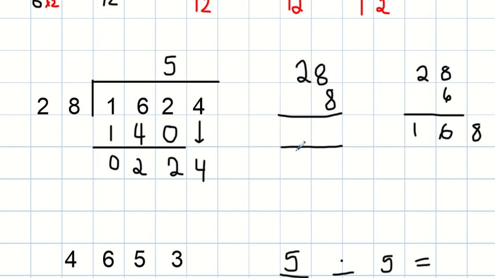Okay, so 8 times 8 is 64. 2 times 8 is 16. Add the 6 you've carried, 22. I can see that 28 goes into 224 8 times equally. I'd have no remainders as it's gone exactly.